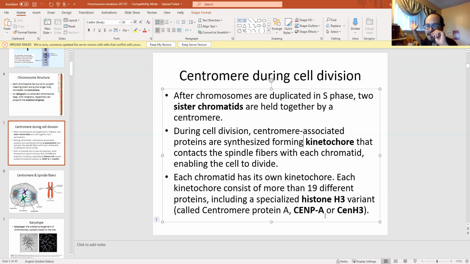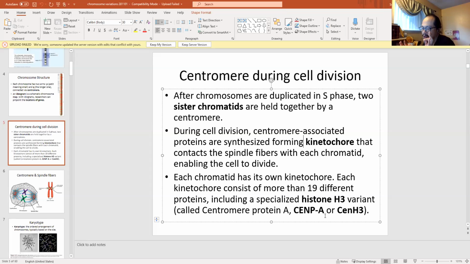So we talk about this histone. Histone is a protein to hold the DNA together. DNA is coiled and condensed, packed, and the proteins that hold the DNA together are histones.